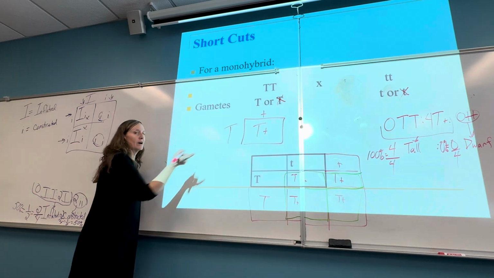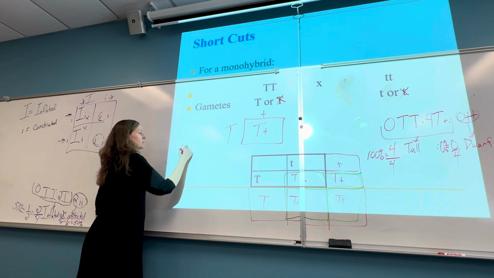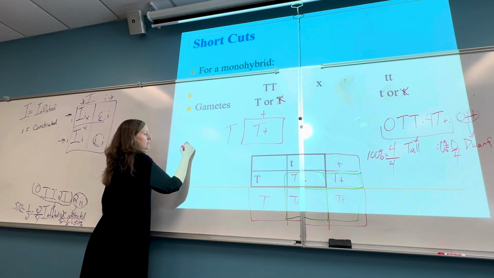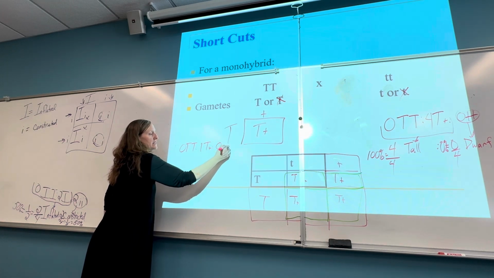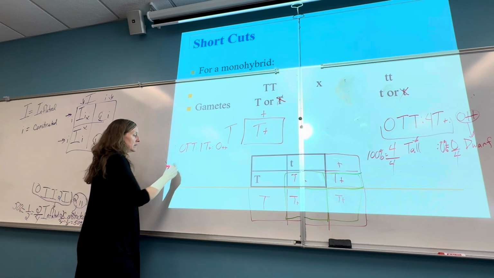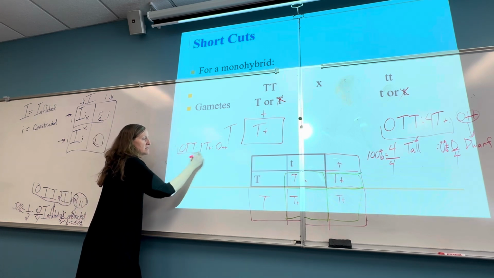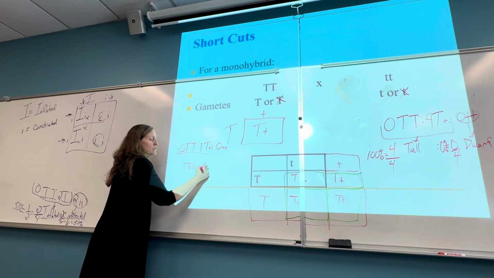So when we do our genotypic ratio, we get 0 big T big T to 1 big T little t to 0 little t little t, which gives us 1 tall to 0 dwarf.